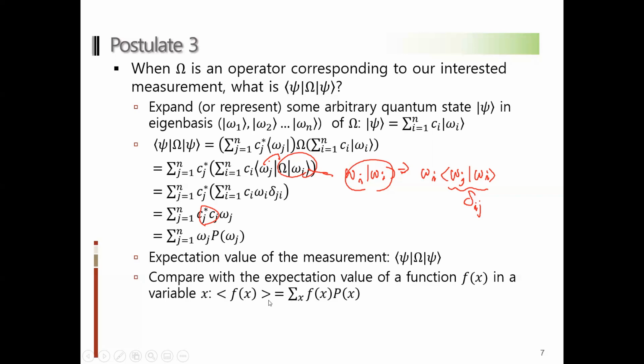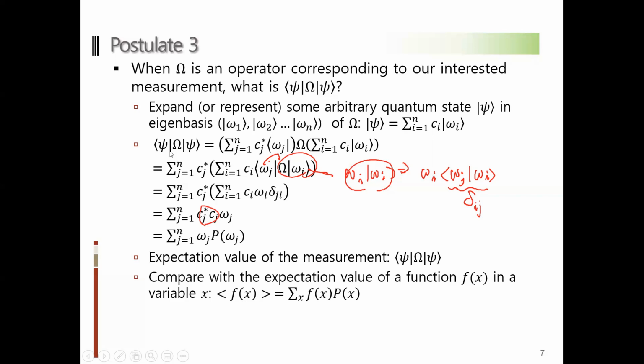But that's not the only similarity, because when we represent the expectation value of a function, we generally put this function between brackets. So if you compare this expression with that expression, they also look similar to each other.